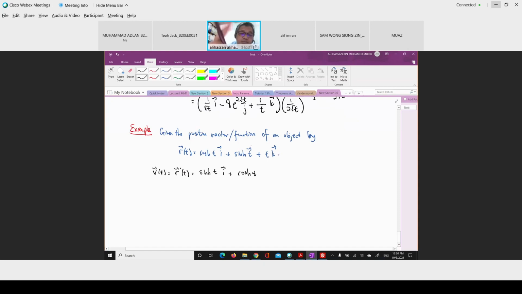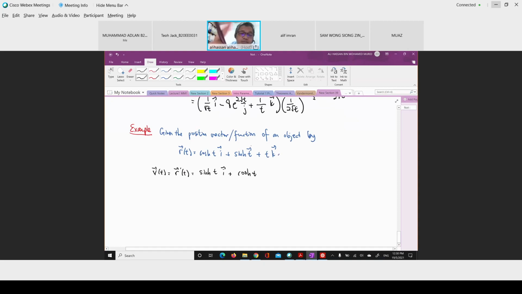Okay, what about the speed? The speed is equal to the modulus of the velocity vector v. So it is a scalar, the square root of sinh squared t plus cosh squared t plus 1, isn't it? Can we simplify that?